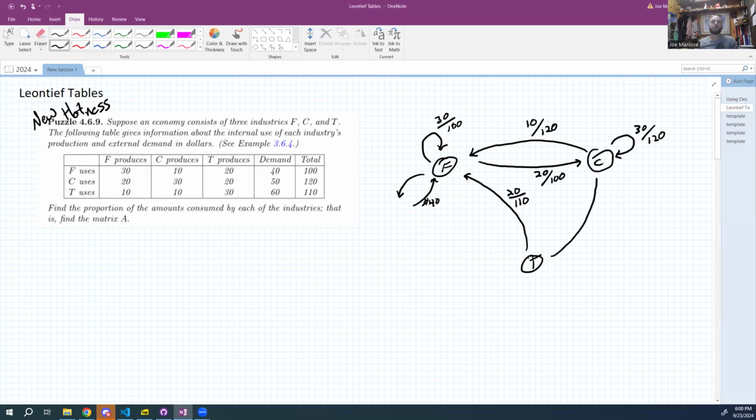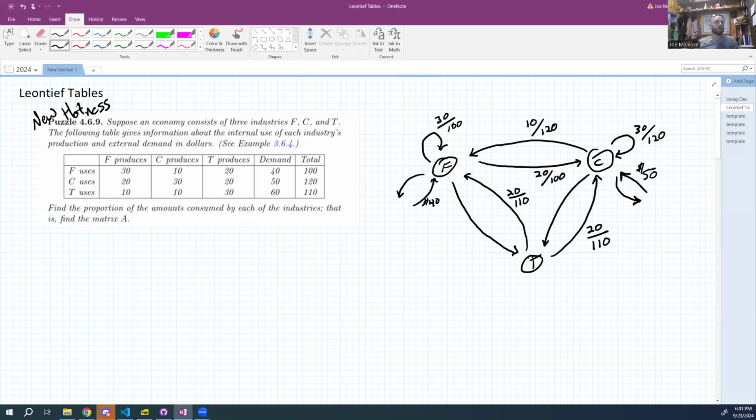So C also uses from T 20 out of T's total of 110. Then we can trace my other two arrows. Oh, whoops, I forgot the external for C. So I've got a pair of arrows, right? And that coming back in is $50 into the C sector of the economy.